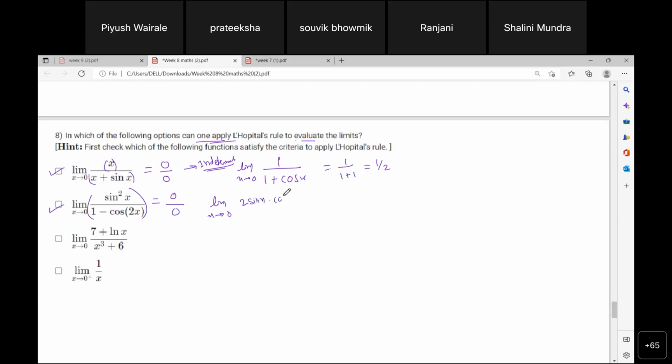The denominator becomes 0 minus the differentiation of cos x, plus sine 2x, that is minus sine 2x multiplied by 2. So what I will get, limit x tends to 0, 2 sin x into cos x upon 2 sine 2x. Now what do I have to do?